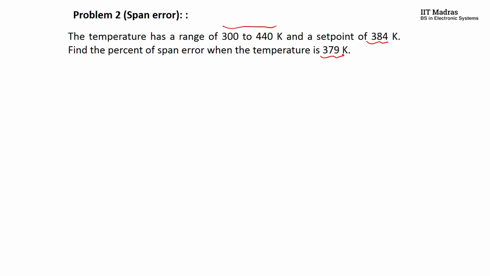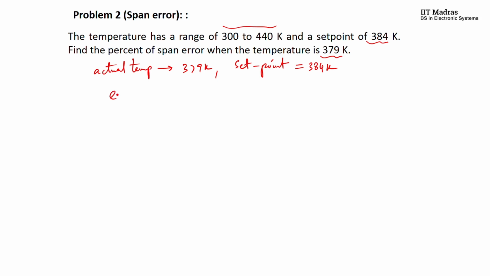This question means you have a temperature control system wherein the actual temperature is 379 Kelvin, and the set point is 384 Kelvin. Then you want to find the percentage of span error.